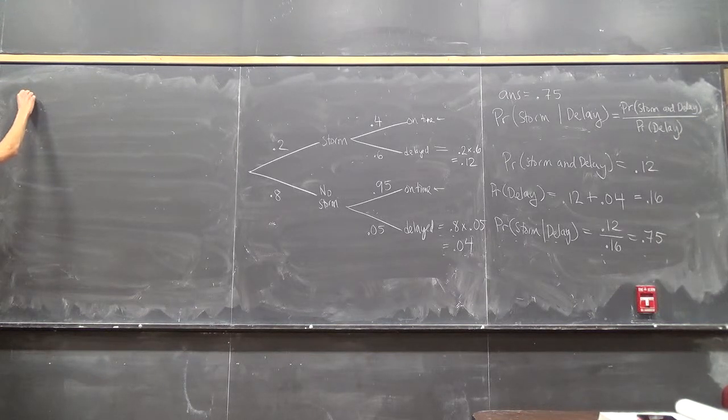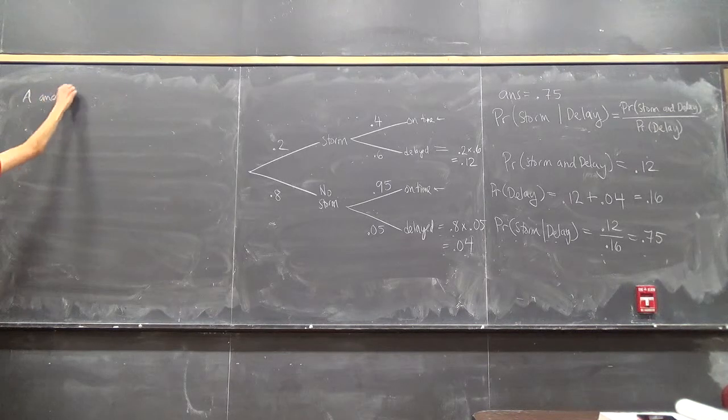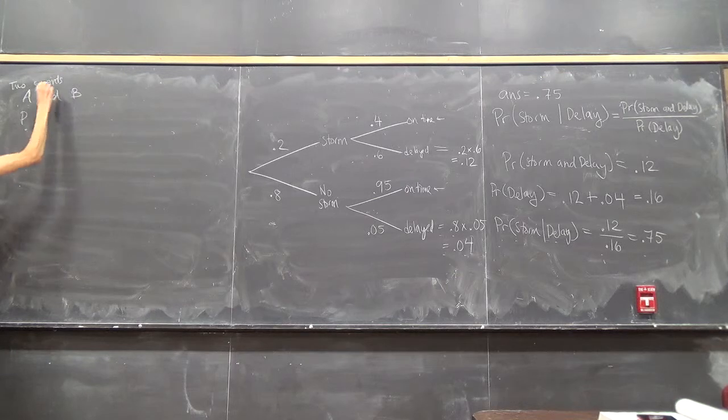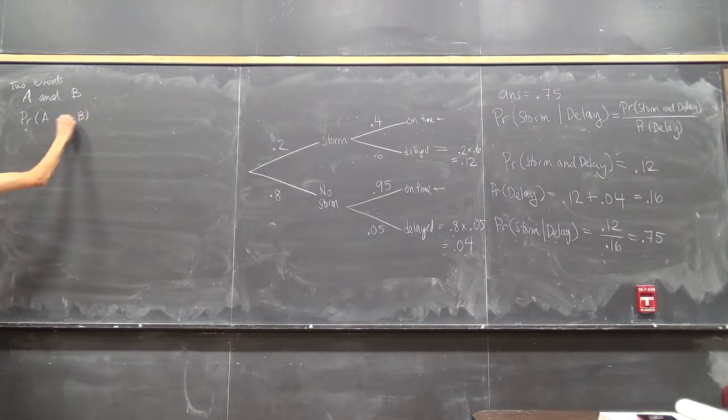Okay, so if we have two events A and B, the probability of A or B, and whenever we say or, it's an and/or.